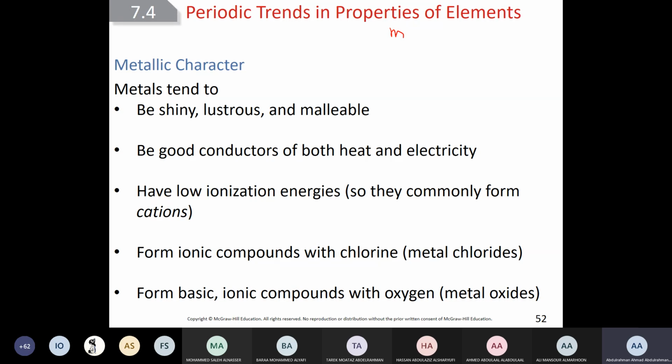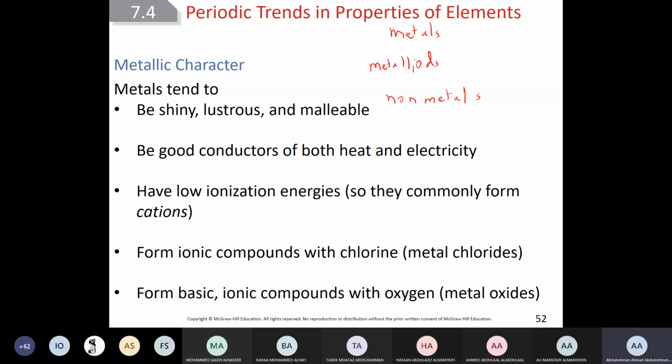We have metals and non-metals. Where are the non-metals? On the right. Okay, what are the elements in between them called? Metalloids.